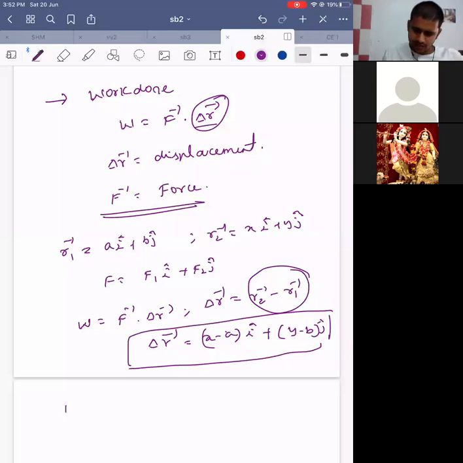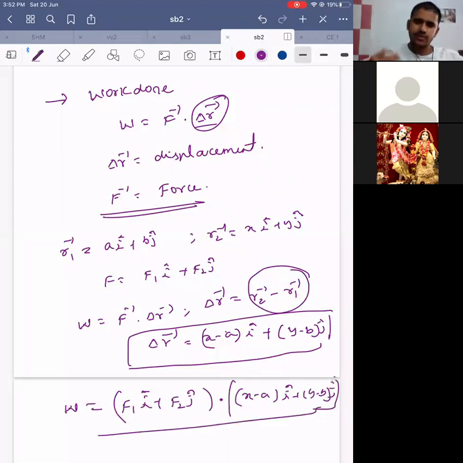So work done is equal to F1 I cap plus F2 J cap dot X minus A I cap plus Y minus B J cap. Simplify this, your answer is done.